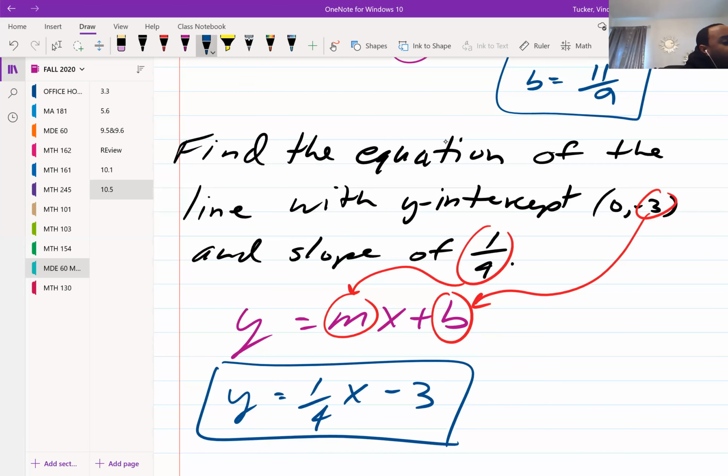All right, any questions? We don't have to be bothered with the 0, of course, because it's just 0. We just bring the -3 down.